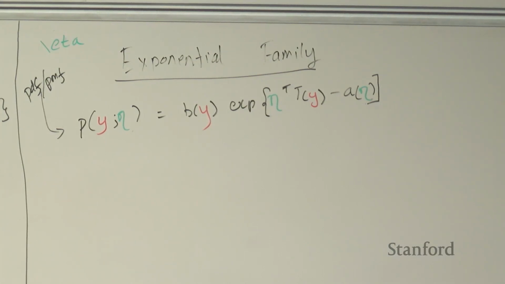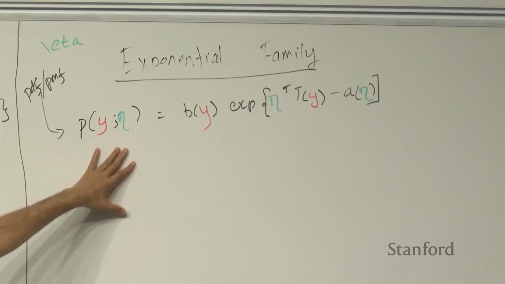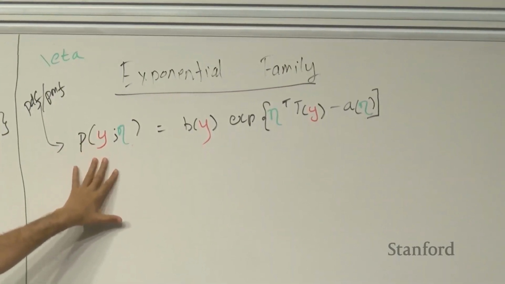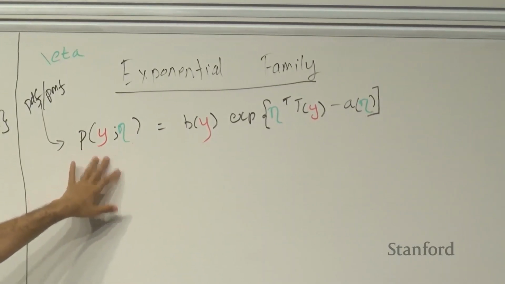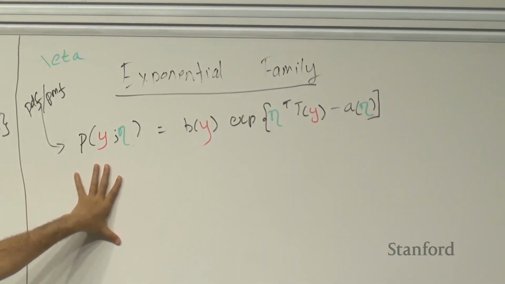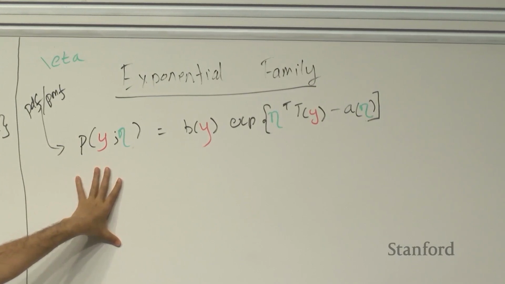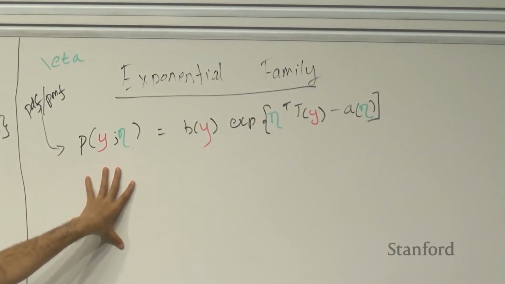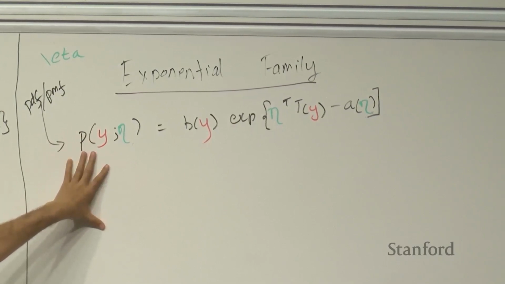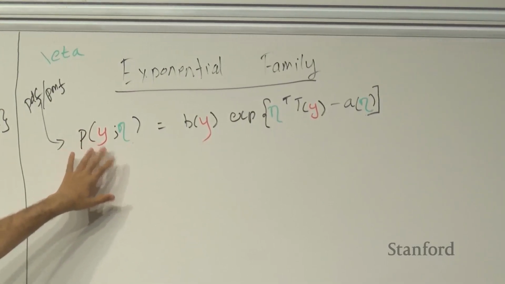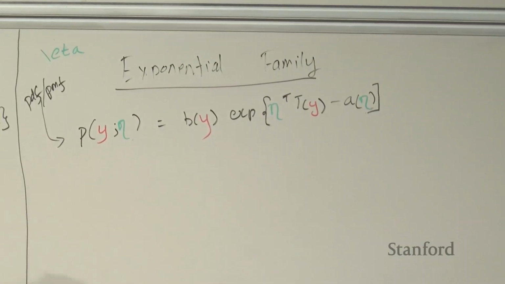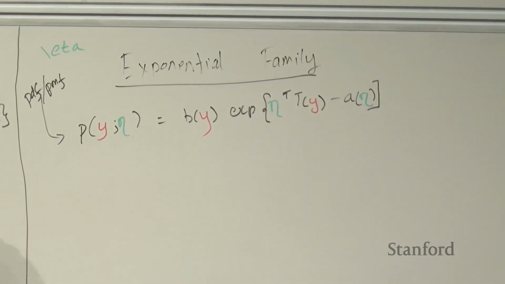So the parameter of the distribution is eta, and the support of the distribution is y. We call it y and not x because it's a hint: we are trying to model the output of our models with exponential families. So the probability density of y parameterized by eta is given by this expression, and there are three functions here.